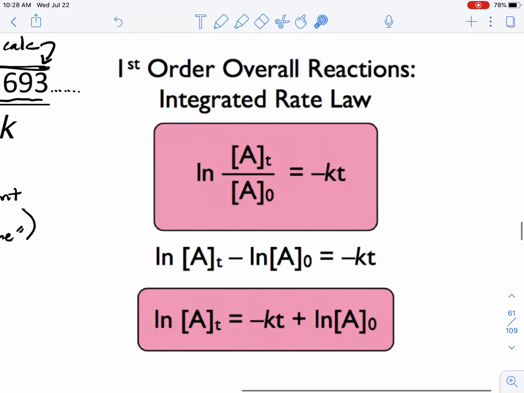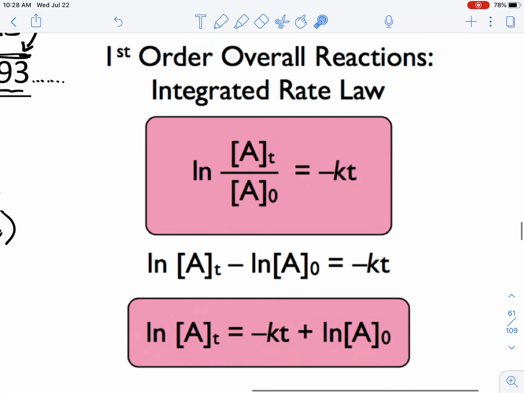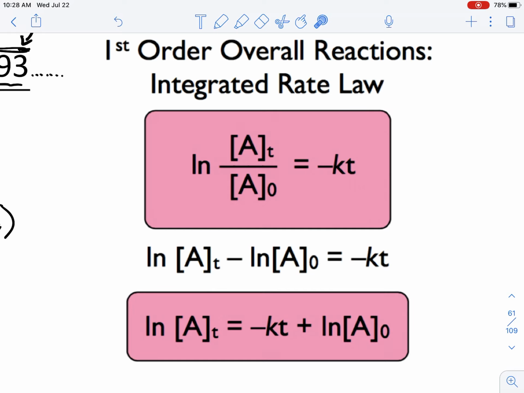All right, so looking at the integrated rate law for first order, we have a few forms. And so each and every single one of these forms that you guys are seeing is equivalent. The only thing that's different is how they're arranged algebraically.